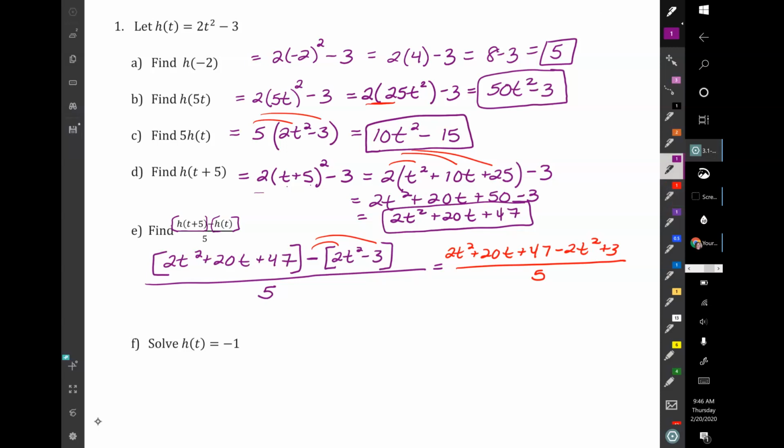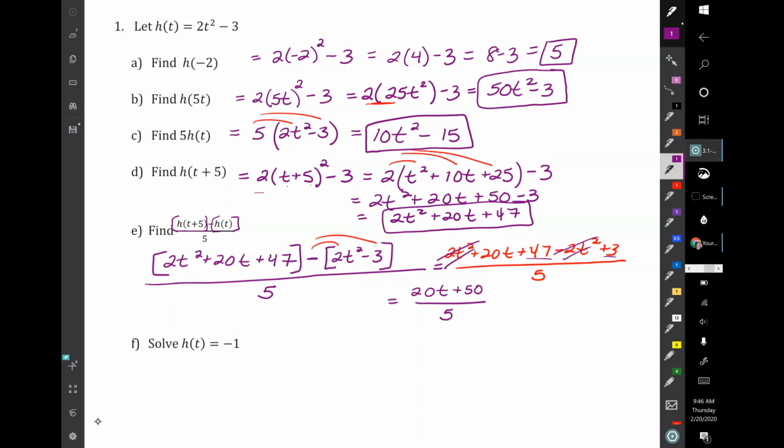So 2t squared minus 2t squared, those just go to 0. The plus 47 and the plus 3 actually go to 50. So then I end up with 20t plus 50, all divided by 5.